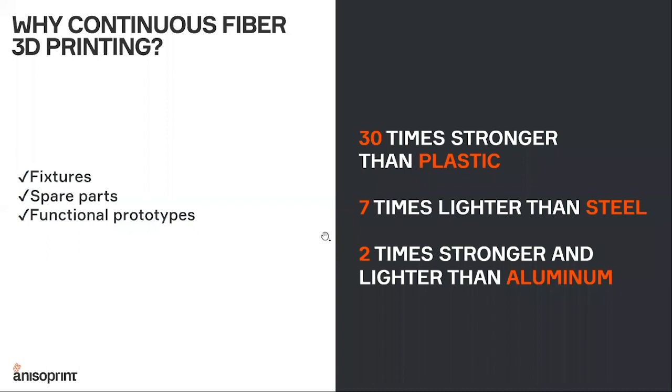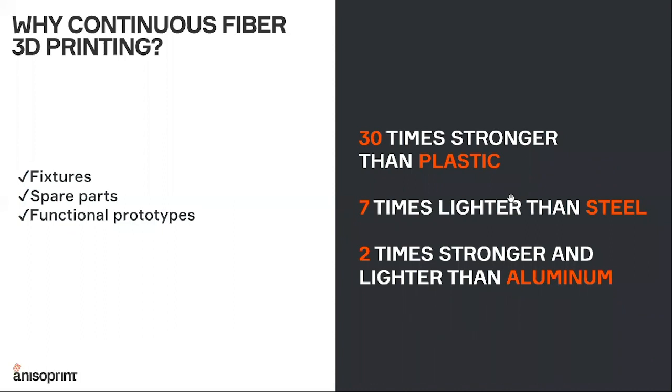So why is continuous fiber printing so interesting, so attractive for the market? As I mentioned, it's about 30 times stronger than if you're printing with just plastic material. At the same time, it's 7 times lighter than steel, or 2 times stronger and 2 times lighter than aluminum.